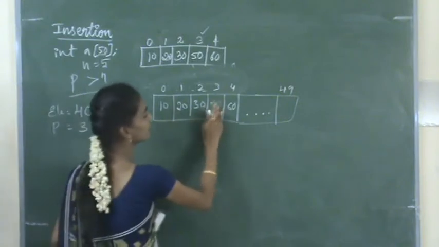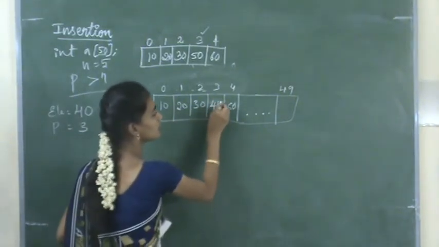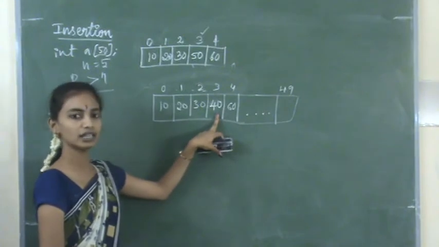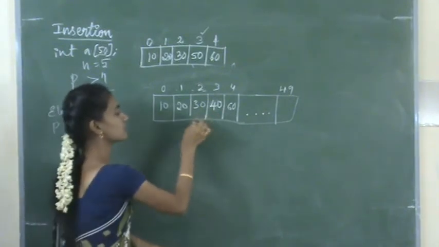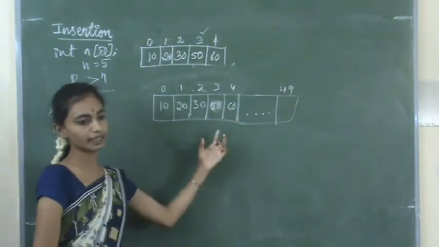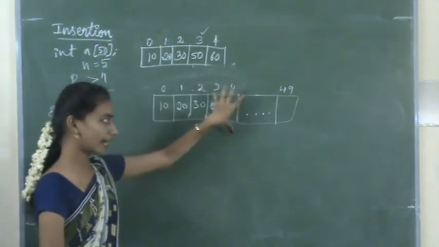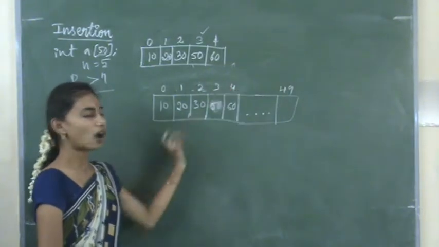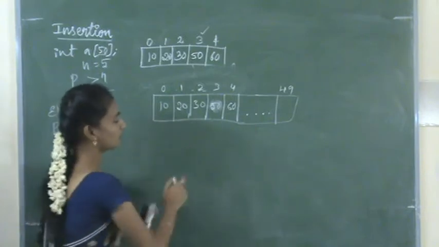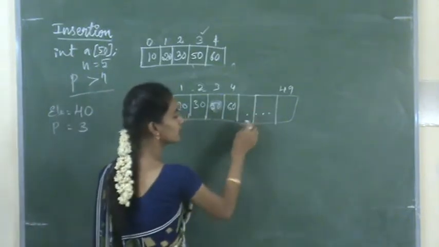Now if I directly insert the 40 at this position, we lose one element in the array, right? So this is not possible, because it becomes losing data. I need all the data present in the array, and along with this I need to insert one more element. So for that I will shift these elements.